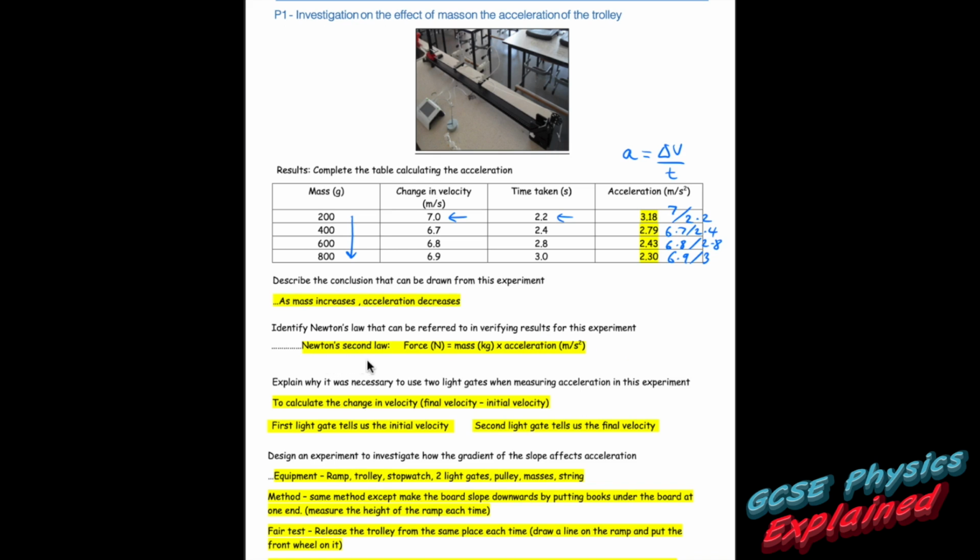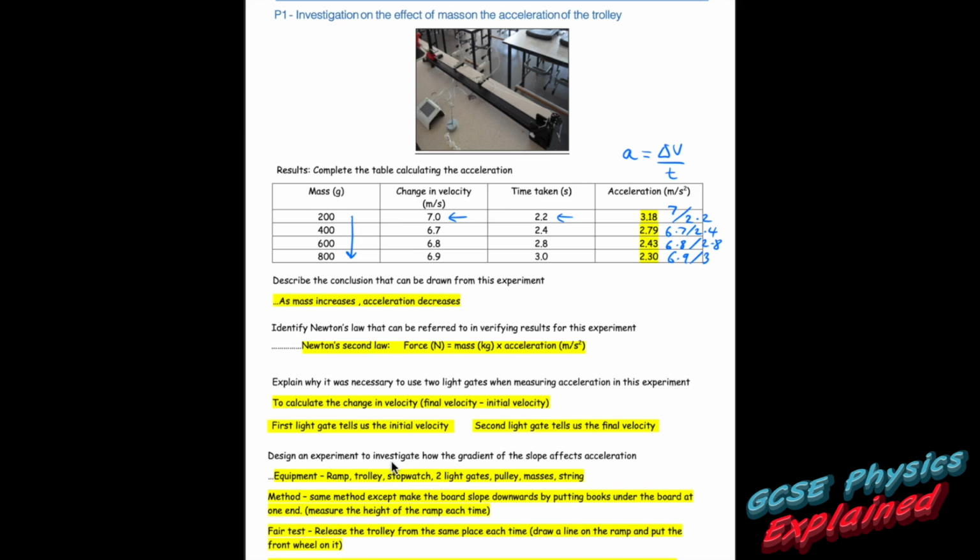So that would be Newton's second law, which is force equals mass times acceleration. Explain why it was necessary to use 2 light gates when measuring acceleration in this experiment. So we need to calculate the change in velocity, which is the final velocity take away the initial velocity. So the first light gate tells us the initial velocity, and the second light gate tells us the final velocity.